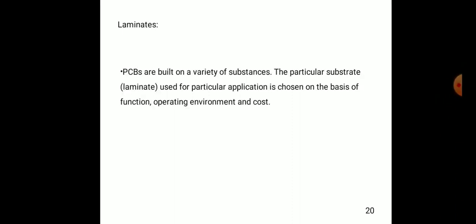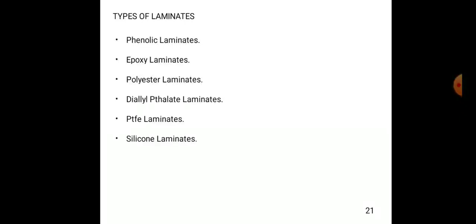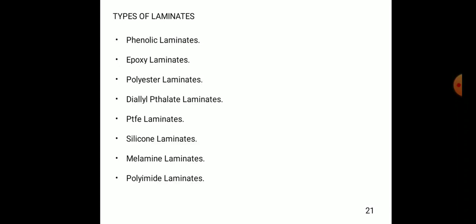For example, you can see the different types of laminates: phenolic laminates, epoxy laminates, polyester laminates, diallyl phthalate laminates, silicon laminates, melamine laminates, polyimide laminates. These are the different types of laminates.